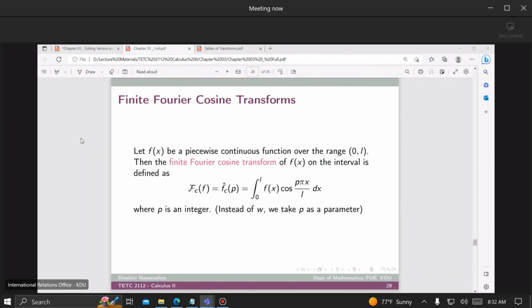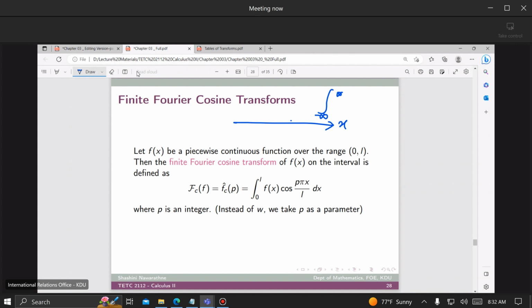So the finite Fourier cosine transform: if we have to find the Fourier transform of a piecewise continuous function throughout the interval from 0 to L. In the earlier case, when finding the Fourier transform, we considered the entire real line, that means integration from minus infinity to plus infinity.